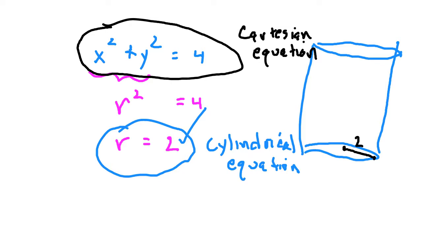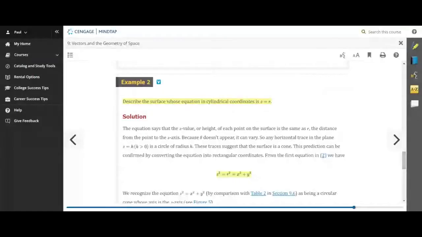So we can take surfaces like, for instance, example 2. Example 2 says, describe the surface whose equation in cylindrical coordinates is z equals r.